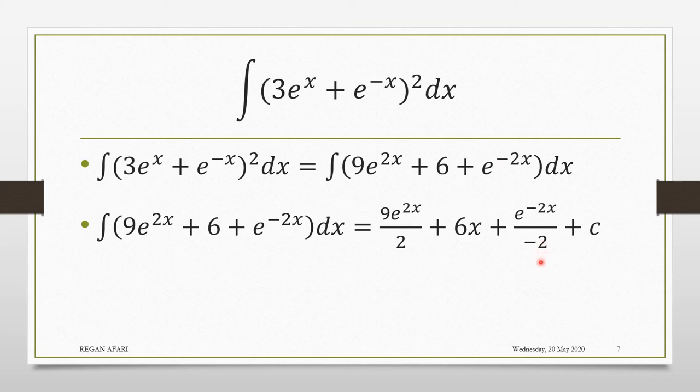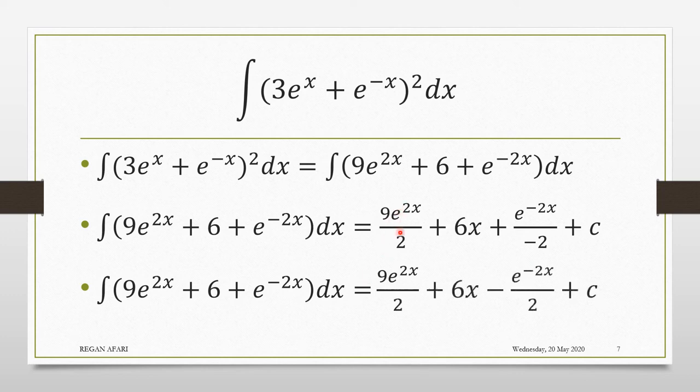Then you clean this up and then you are done. All right, so this still remains, that remains, but this is -2, so it changes the negative sign here. And then plus C. Of course, someone might want to write this as 4.5 and this as negative 0.5. That's also fine.